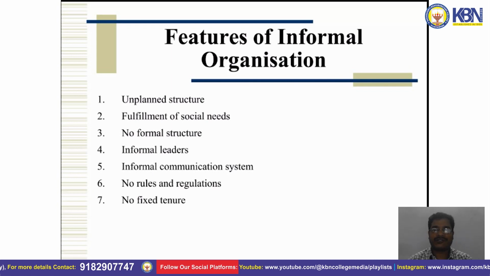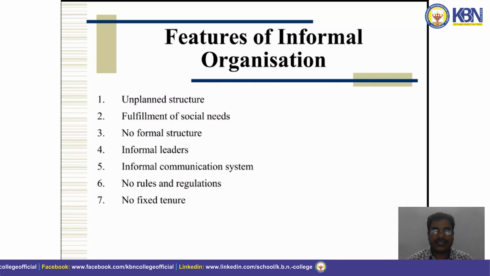People want to live in a socialized pattern. So everyone wants to take their own decisions, and everyone wants to talk with everyone, and every individual employee will take their own responsibility and authority. So there is no planned, structured format in this informal organization. That is why it is an unplanned structure.